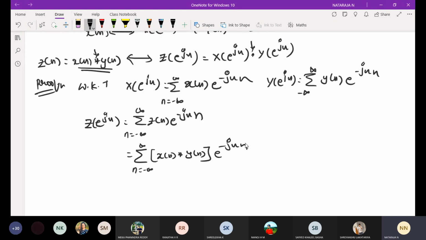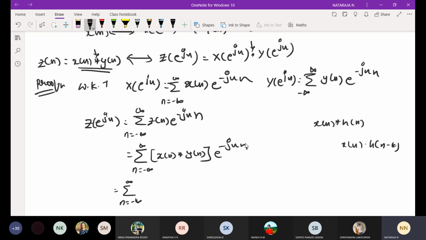We already know that x of n convolved with h of n is summation k equals minus infinity to infinity x of k into h of n minus k. Like that I am going to represent this with respect to summation n equals minus infinity to infinity.